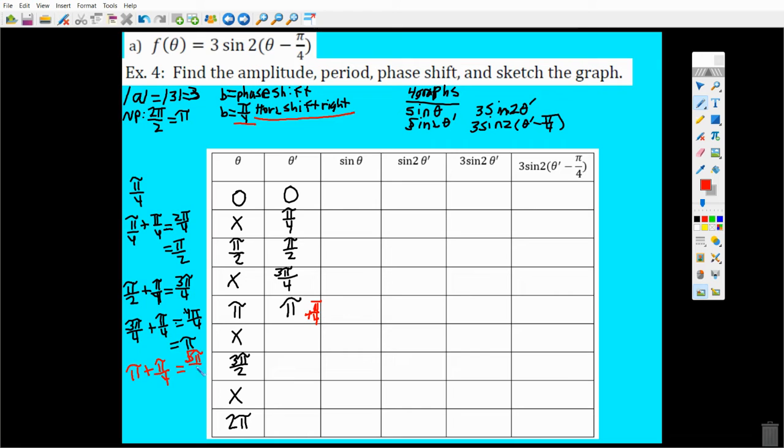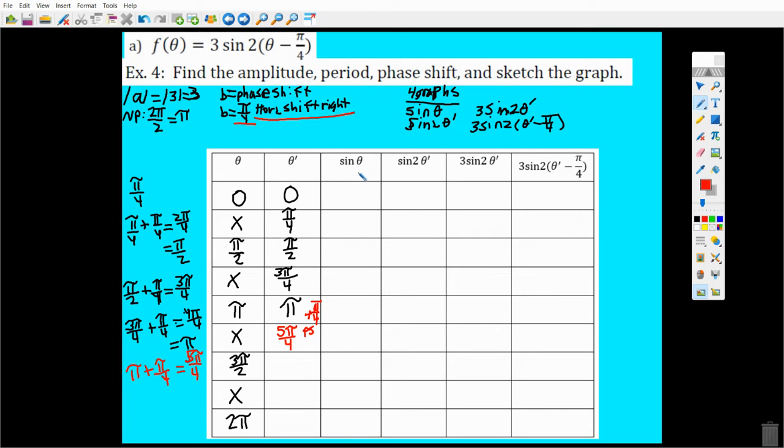Again, when I get back to class, if you're having difficulty with fractions, just let me know so I can show you how I got 5 pi over 4. Right now, I'm just adding them. If you want, you can type it in a calculator, 1 plus 1/4. You end up with 5/4, okay? So again, this is because of the phase shift. I'll call it PS, okay?